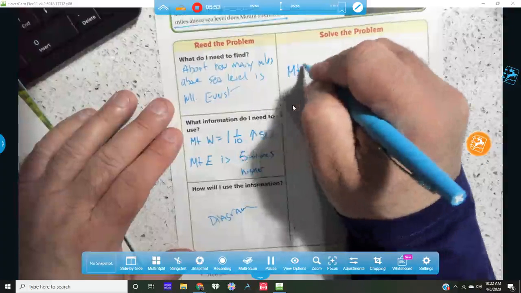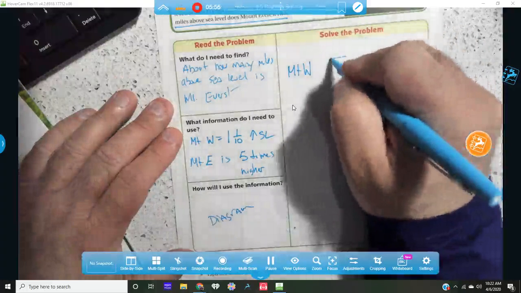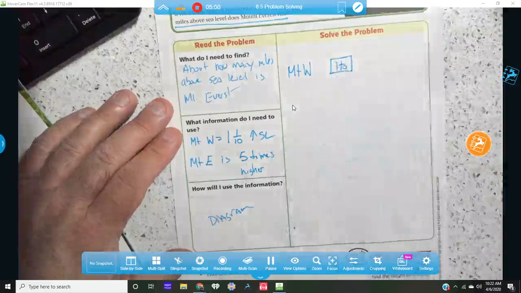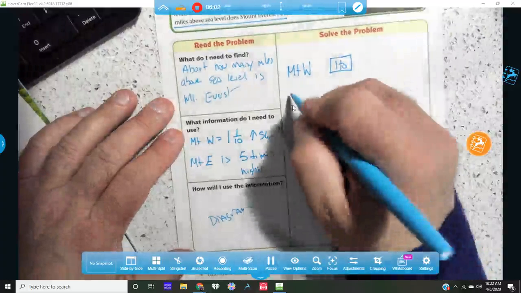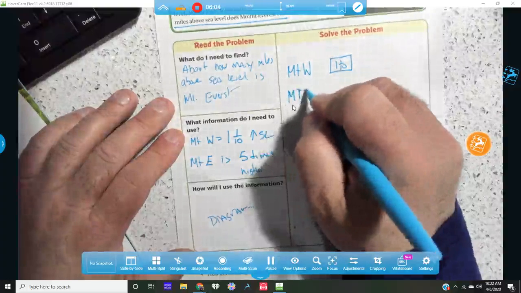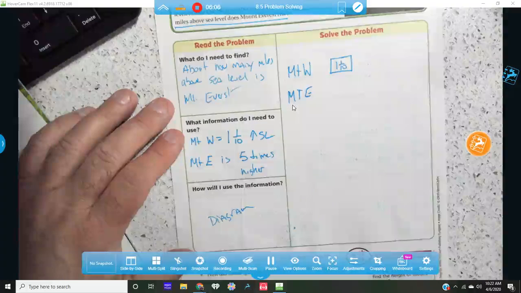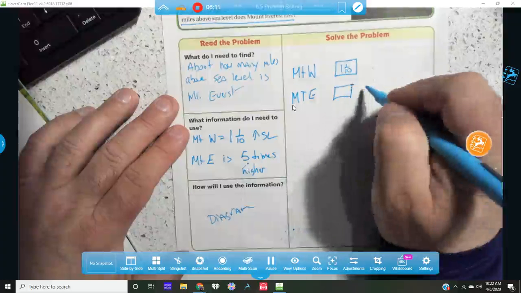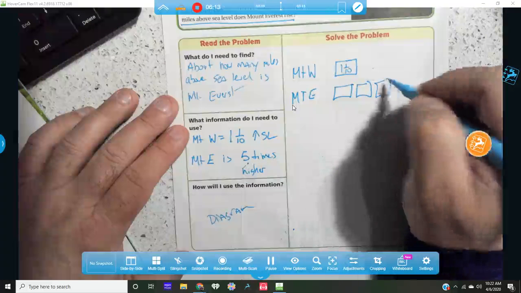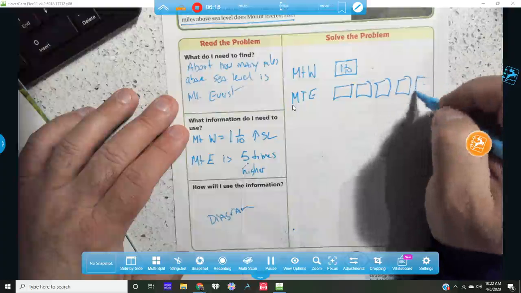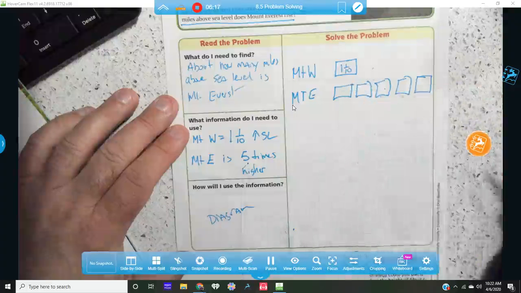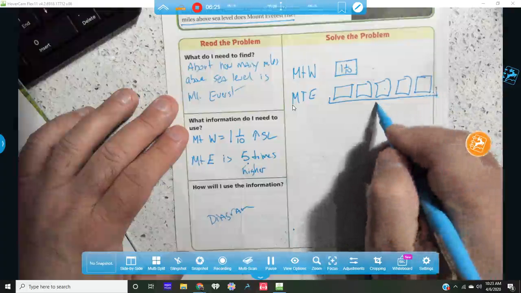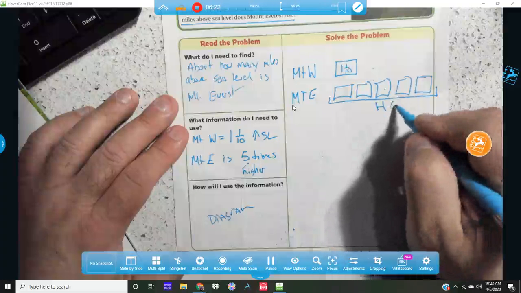Mount Washington, we can make one box. There is 1 1/10. So we know Mount Everest is how many times bigger? 5 times bigger. 1, 2, 3, 4, 5. This is going to be the H, which is the height.